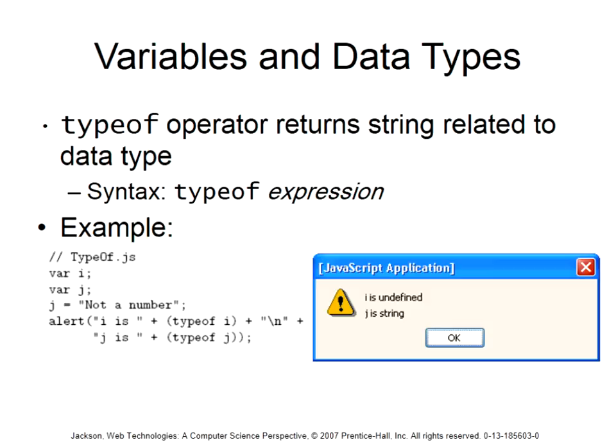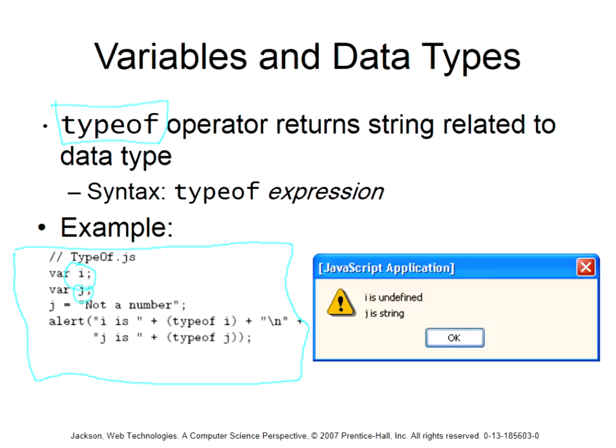We can use the typeof operator. typeof returns a string related to the data type. For example, here we have how many variables in this example? Two, i and j.